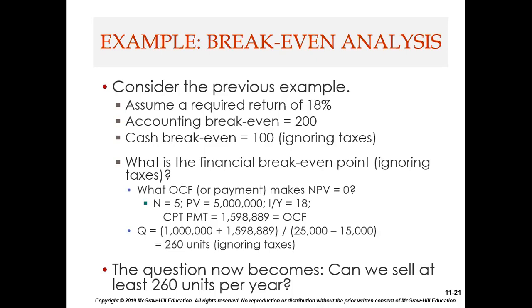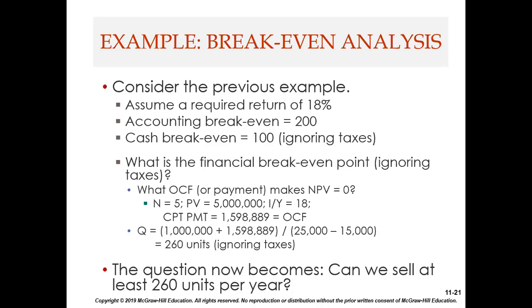So the operating cash flow from this would be $1,598,889, which is what we solve for. Okay, so that's where that $1,598,889 came from.